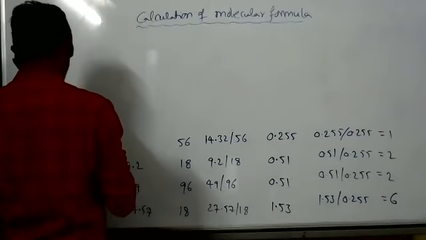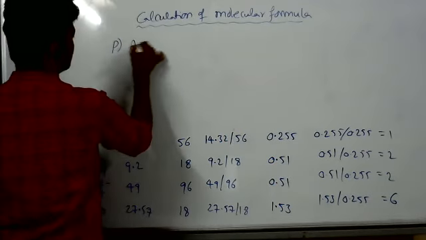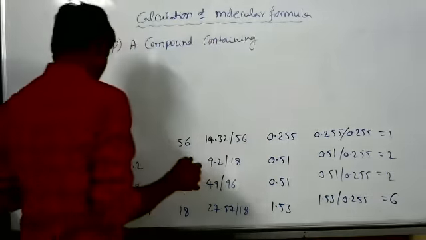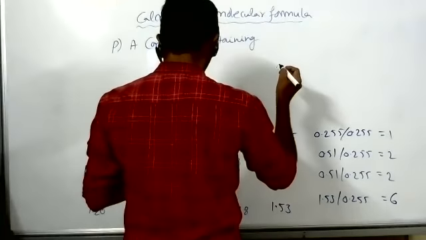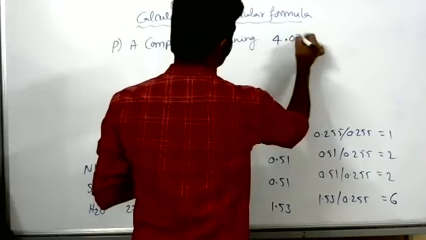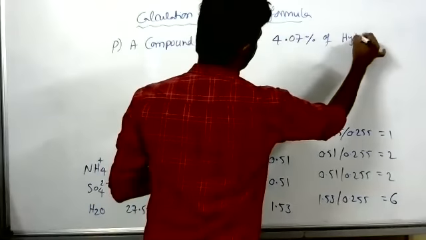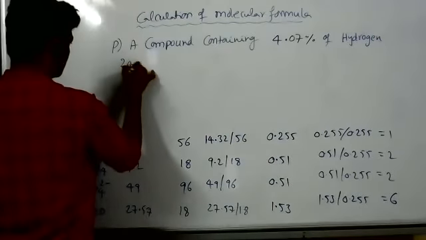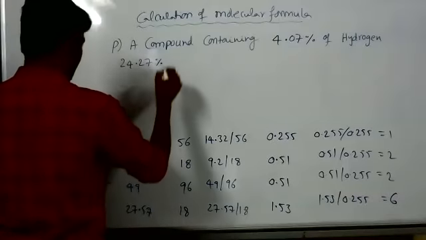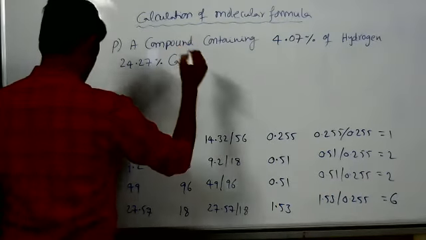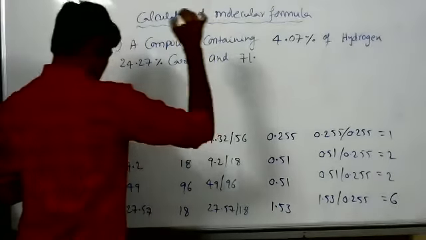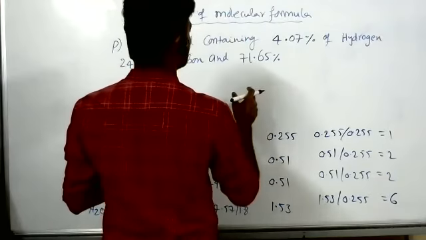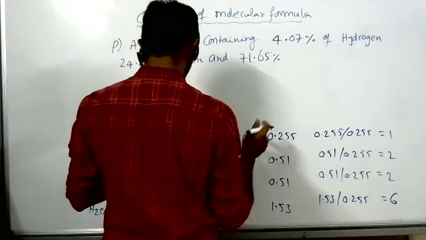Right, a compound containing 4.07% of hydrogen, 24.27% carbon, and 71.65% chlorine.